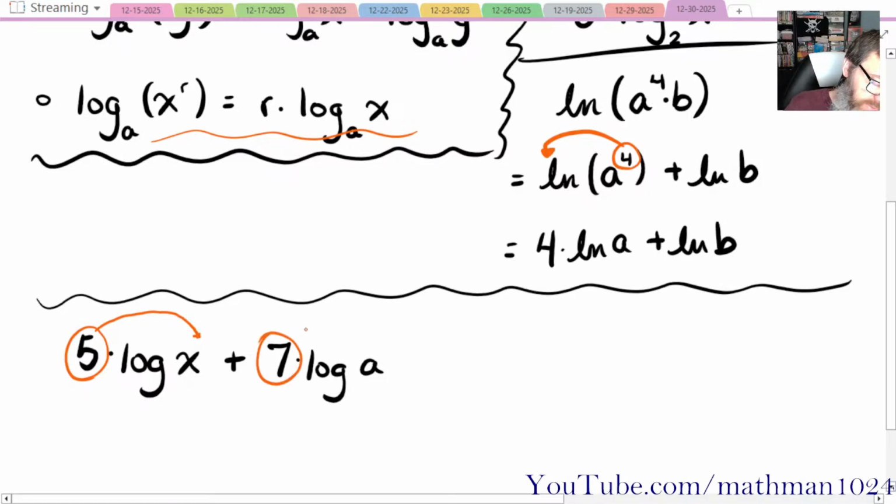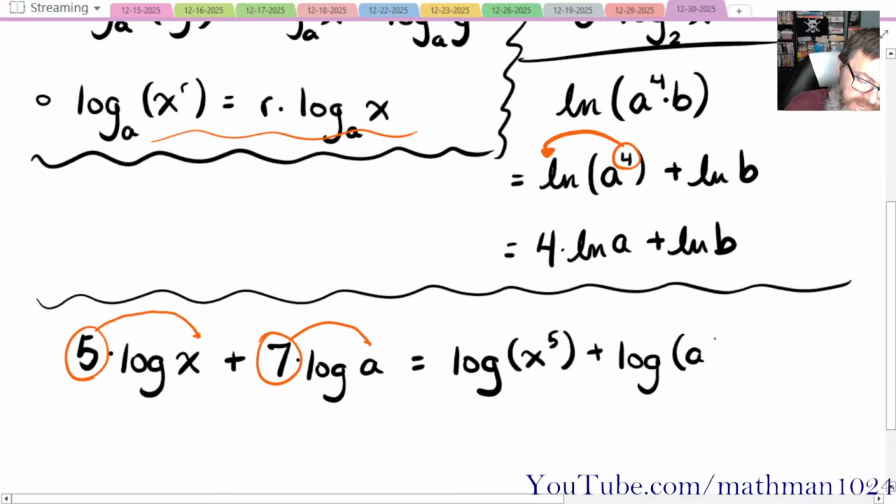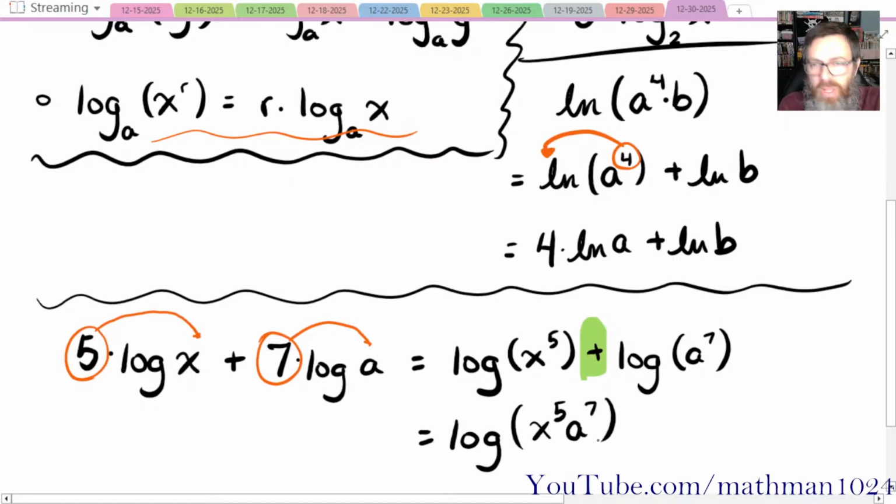Same thing here for the 7. So this gets rewritten as log of x to the 5th plus log of a to the 7th. And now, because of the sum here, we can put these guys together inside the same logarithm. We do that as a product, so x to the 5th times a to the 7th. Let's put those guys inside together like that.